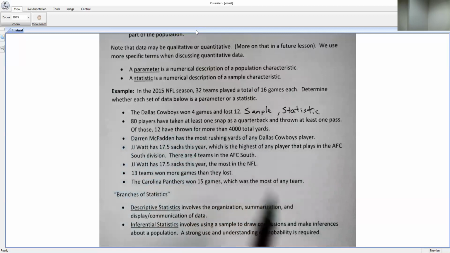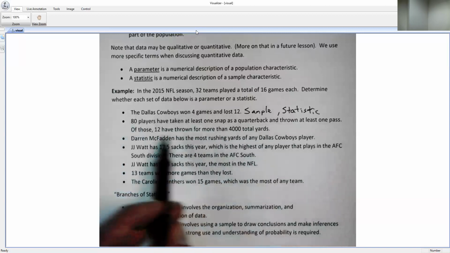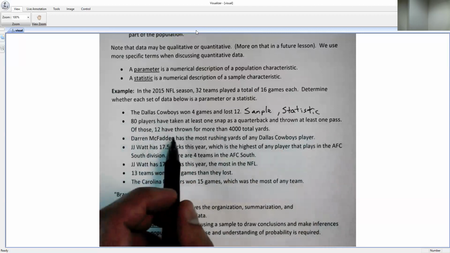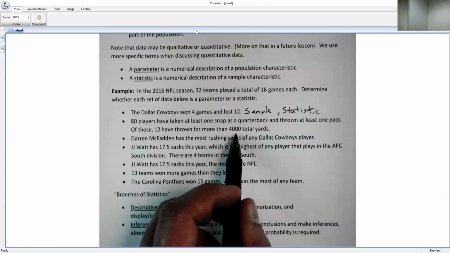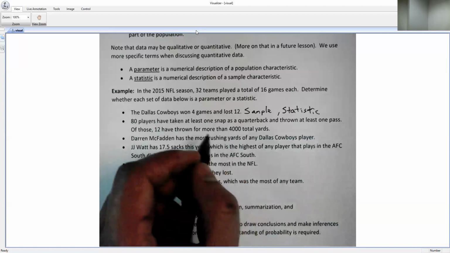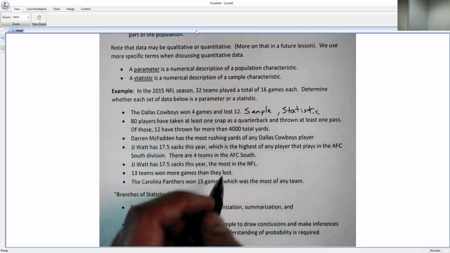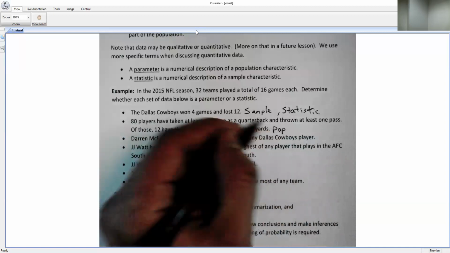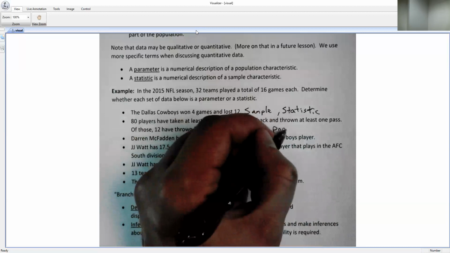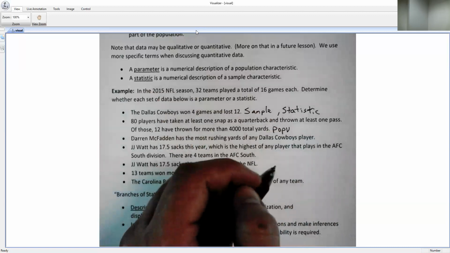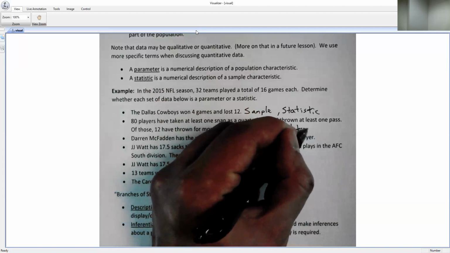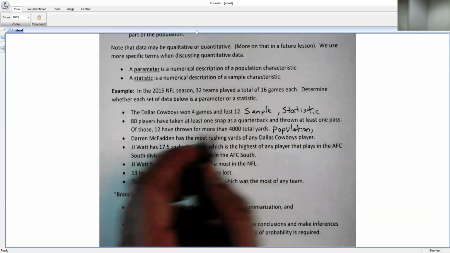So since we're measuring something about every team in the league, specifically we're measuring how many have thrown for 4,000 yards or more, then our set in this example is a population. We're discussing something about all 32 of the teams. And anytime we're measuring something about a population, we say our measurement is a parameter.